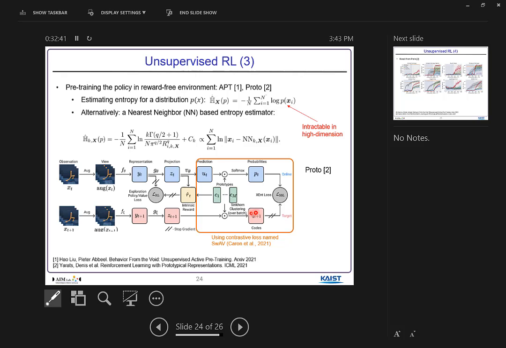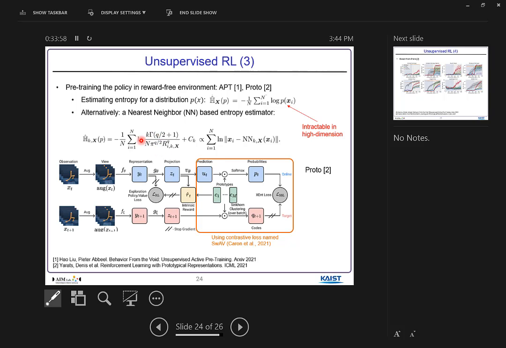This is one recent paper in ICML 2021, Proto. They propose a way to learn the representation without reward. SwAV is a kind of contrastive learning, but it learns in a clustering-based way rather than using noise contrastive estimation, NCE.